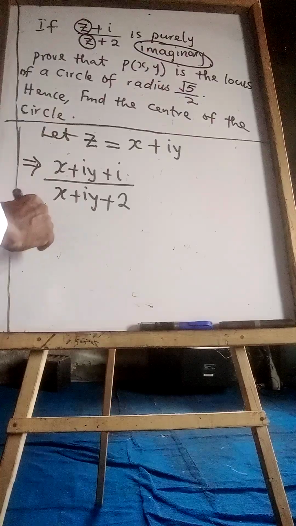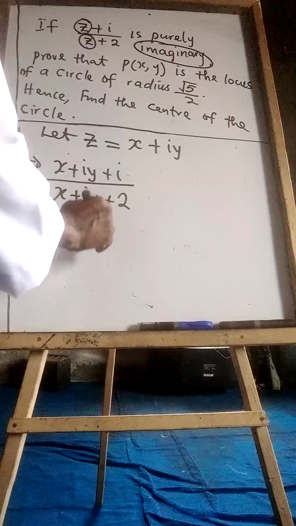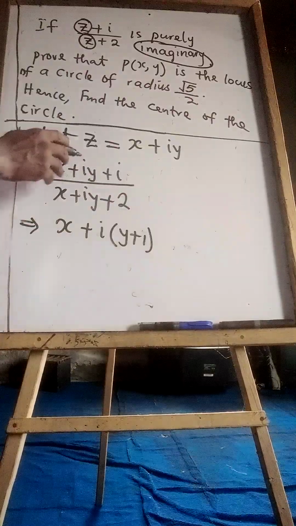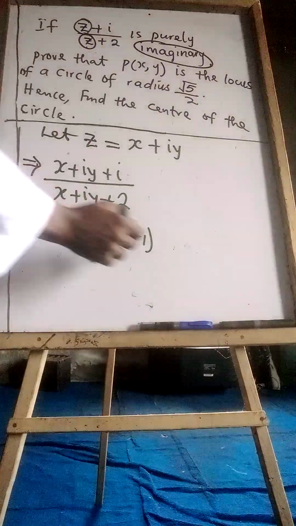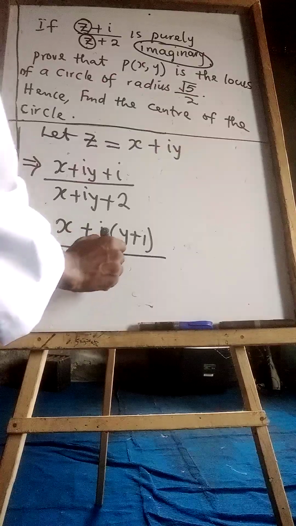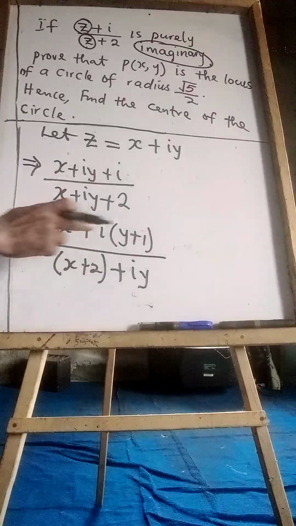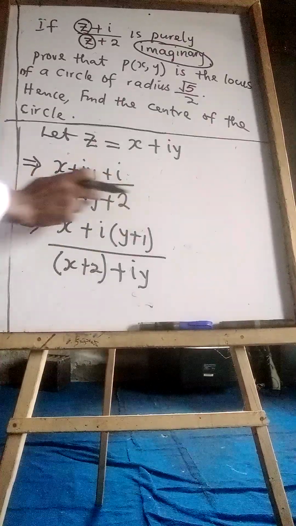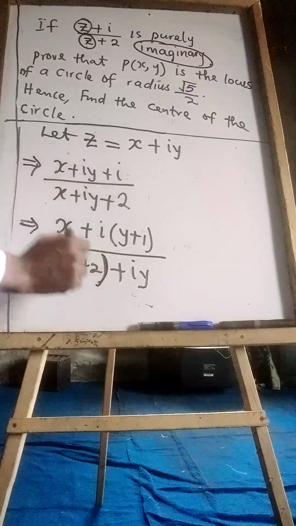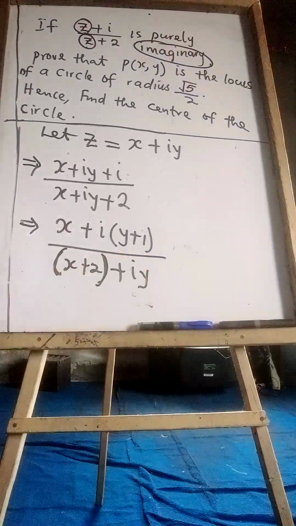So I'm going to have x + i(y + 1), because i is common to here, all over (x + 2) + iy, because this x and this 2 do not have anything to do with i, which is imaginary. That means the whole of this bracket contains the real part, while this y is the imaginary part.